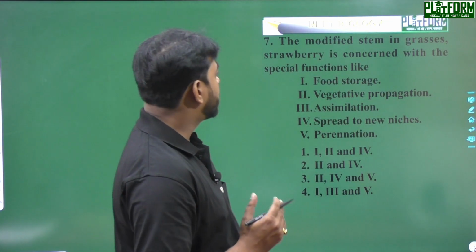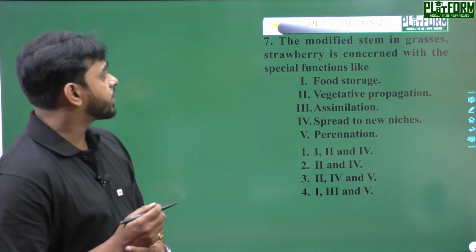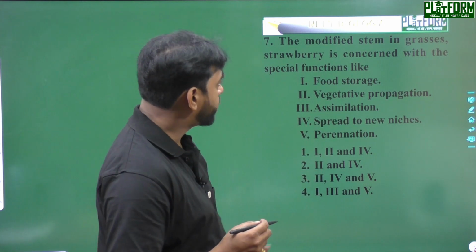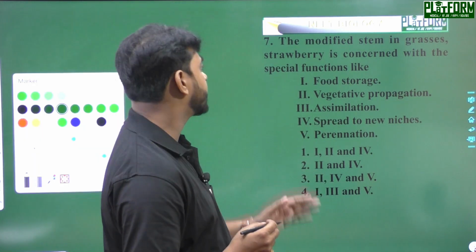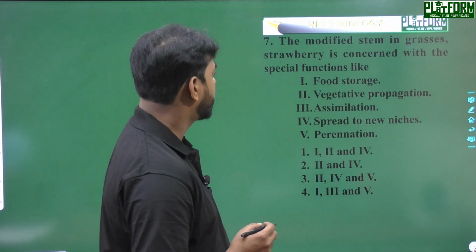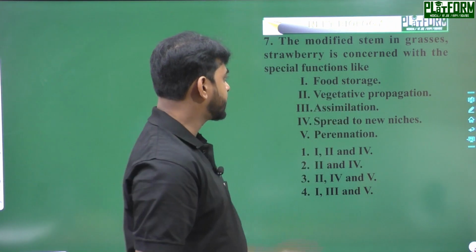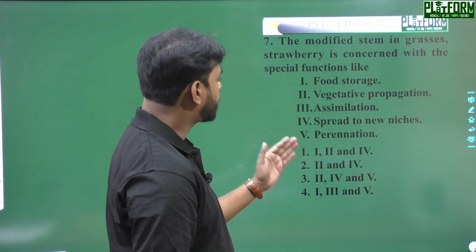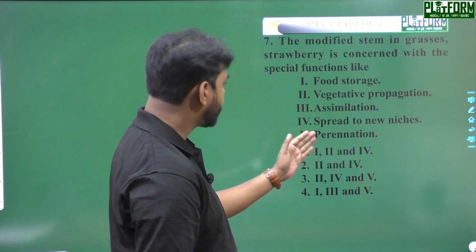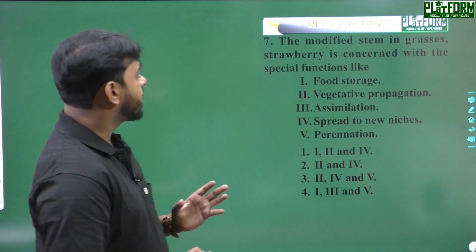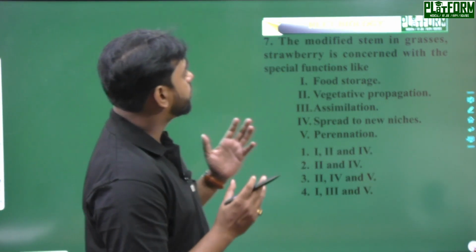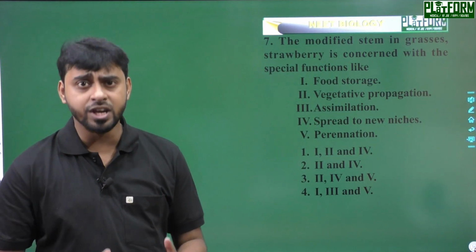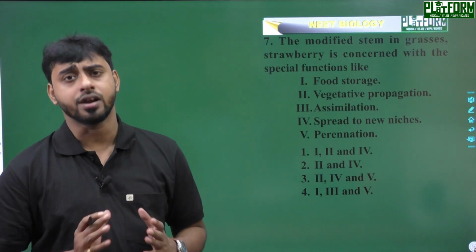Now, in this question, it is written that the modified stem in grasses, strawberries are concerned with the special function like food storage, vegetative propagation, assimilation, spread to new niches and pollination. Now, we know that the modified stem of grasses and strawberries are the runner.